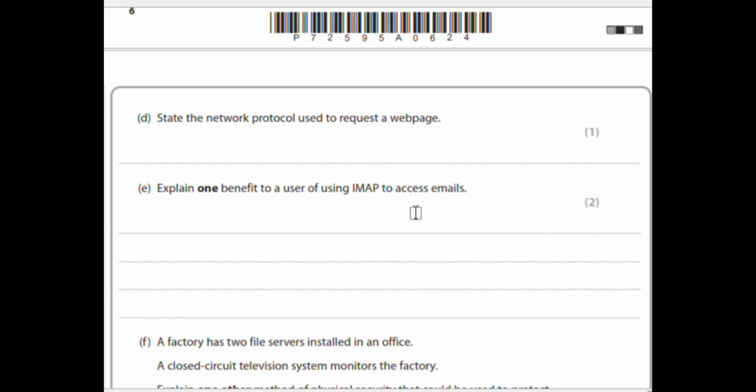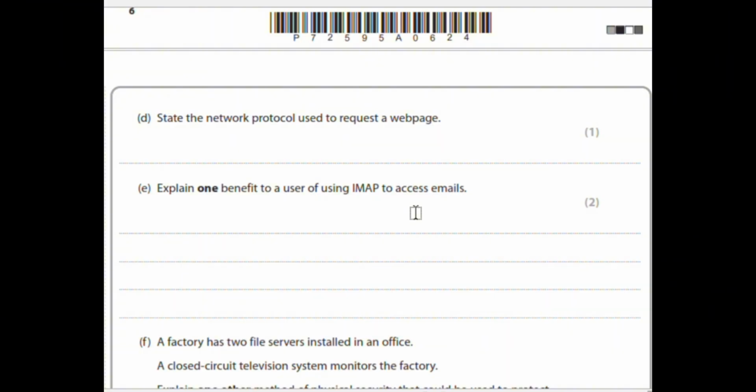So IMAP is used to allow emails to be accessed using multiple email clients. So when you have IMAP, it means you can access your email from different computers, and the emails accessed using IMAP are stored on the server, meaning if you log in from any other device, you still get your emails.